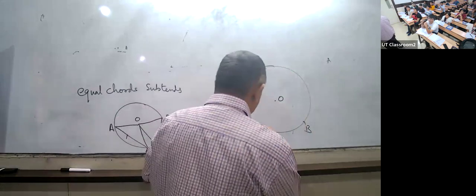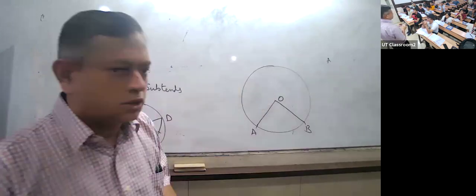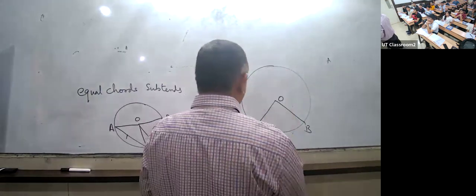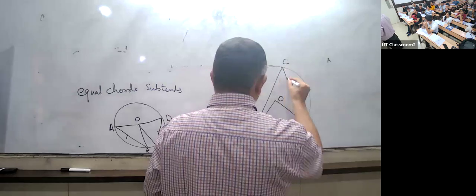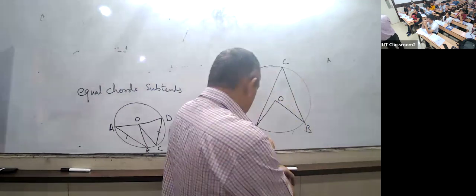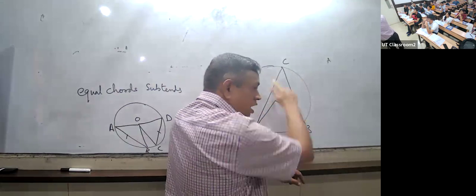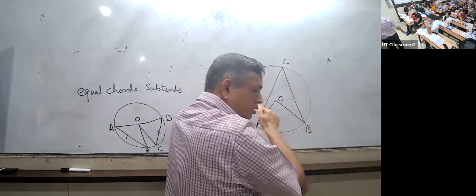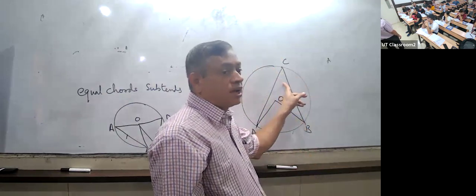Angle subtended by an arc at the center. Angle AOB is double the angle subtended by this arc at any point of the remaining part. Therefore, angle AOB is equal to 2 times angle ACB.